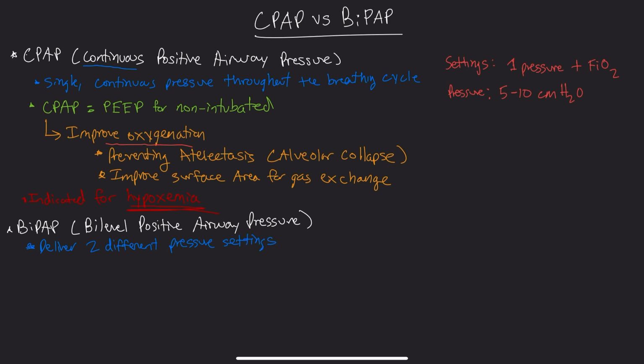Okay. The first one is IPAP, also known as inspiratory positive airway pressure. So this inspiratory positive airway pressure is going to assist in inspiration.